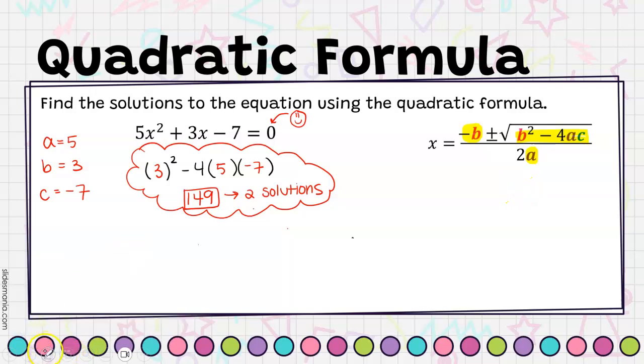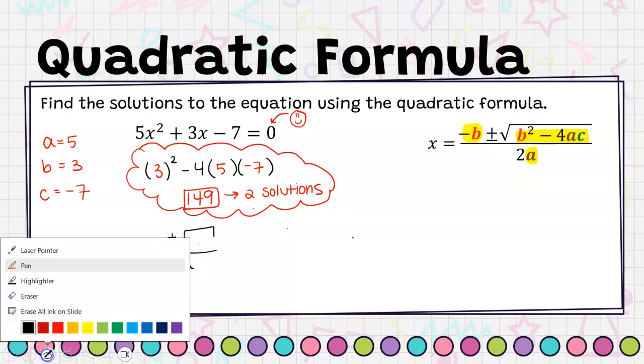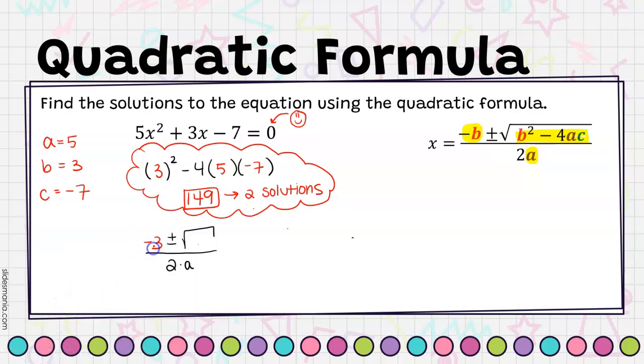I am going to fill in the opposite of b, the discriminant, and the 2 times a. So what that looks like, the opposite of b, in my case, is going to be -3. My discriminant is 149. That goes underneath the square root. And then our a value is 5.